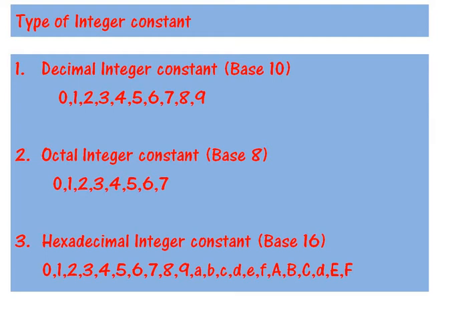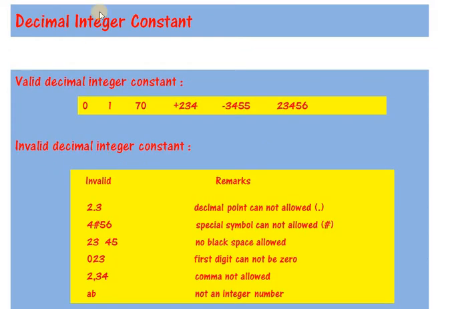So now let's see decimal integer constant. Some valid decimal integer constants are 0, 1, 70, +234, -3455, 23456.